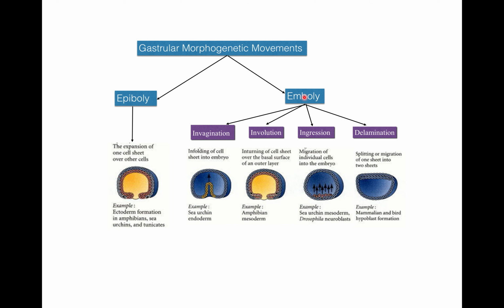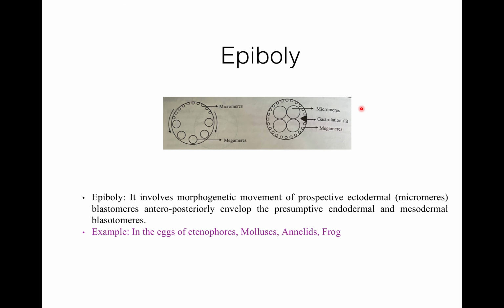There are mainly two types of morphogenetic movements. First is epiboly and second is emboly. Epiboly I'll discuss first, and emboly may cause invagination, involution, ingression, and delamination. So first is epiboly.